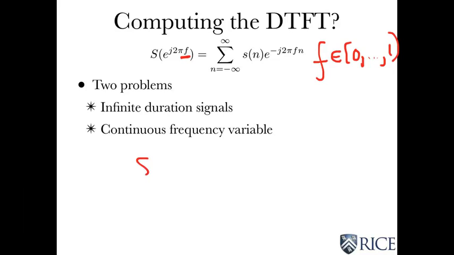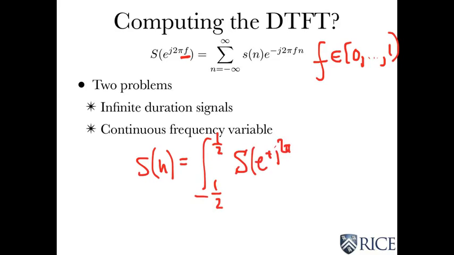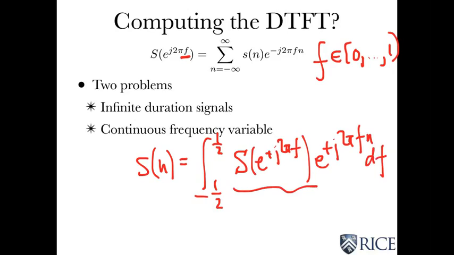So we all know that the inverse transform is an integral. And it's the fact that it's an integral that is the problem, because I need to evaluate this integral, and that means I need to know that spectrum at every possible value of f. And there are an uncountably infinite number of values of f in that interval.